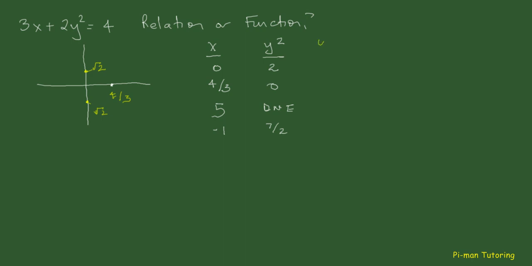Because over here, y is the positive or negative square root of y squared, remember? And here we would get plus or minus the square root of 7 over 2.